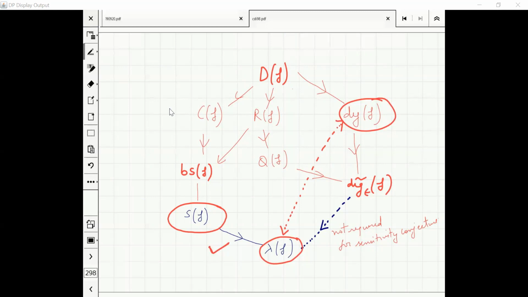So lambda f is less than or equal to max degree, or equal to max degree? Lambda f is not equal. When you say degree, you mean the degree of the graph or the degree of the function? Max degree, I mean of graph G f. It is less than that. If it was equal, then lambda f would be equal to sensitivity.